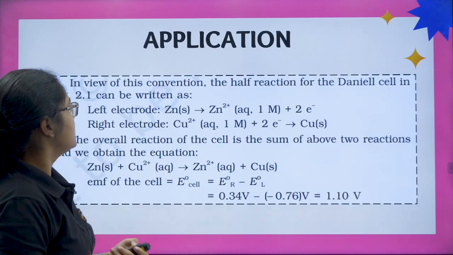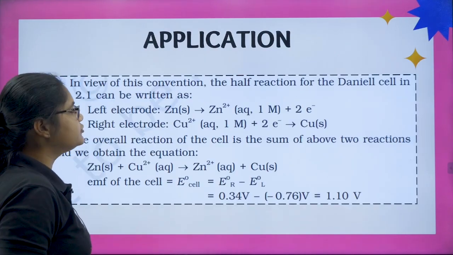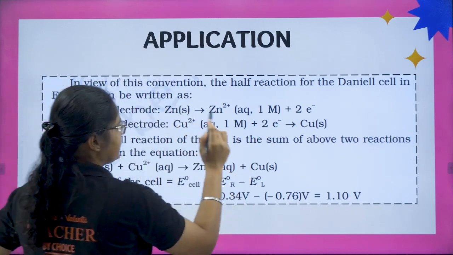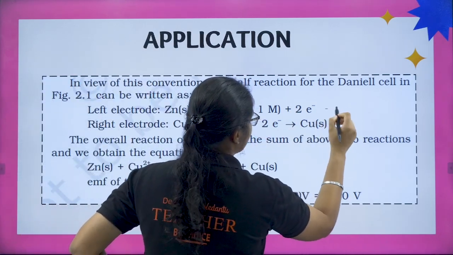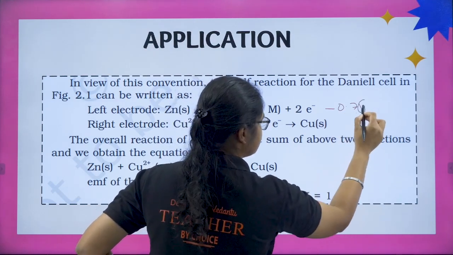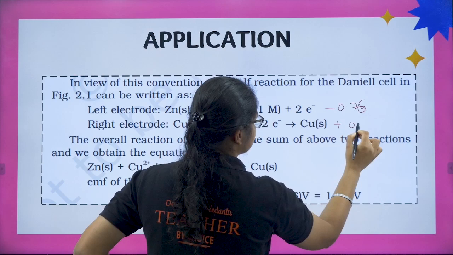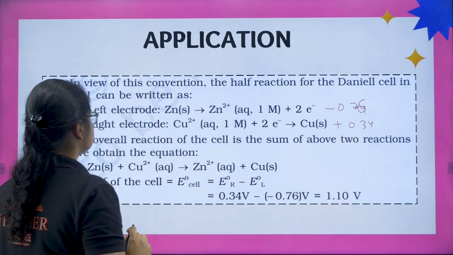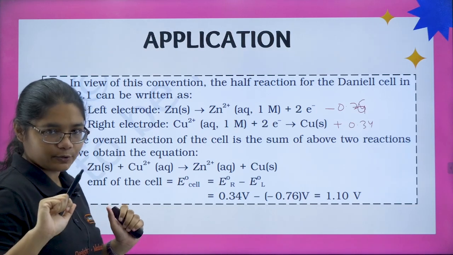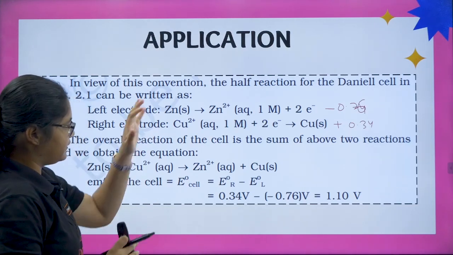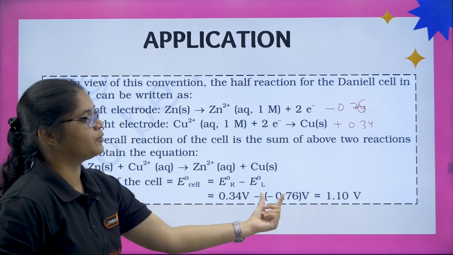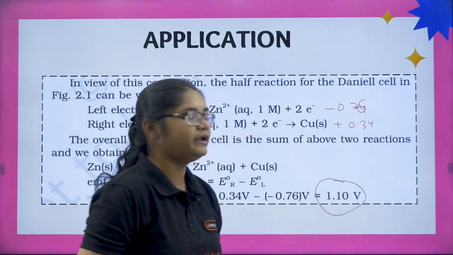Okay, fine. Next, we have seen the Zn electrode potential I have calculated. How much did it come out to be? That is minus 0.76, and copper came out to be plus 0.34. This is on the right side, this is on the left side. So if I now consider a Daniell cell, right minus left, 0.34 minus of minus 0.76 gives you 1.1 volt.